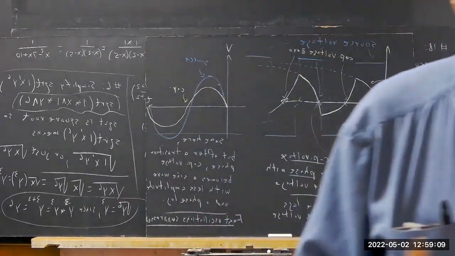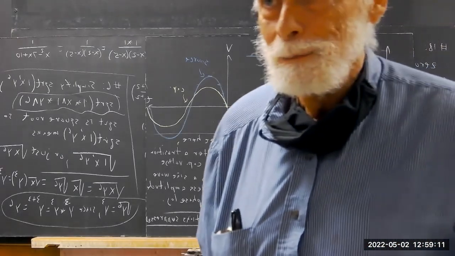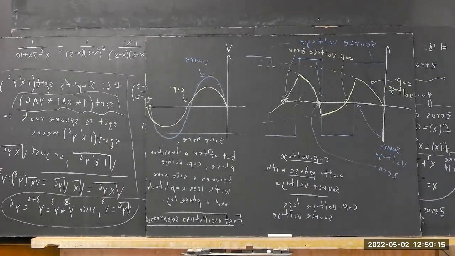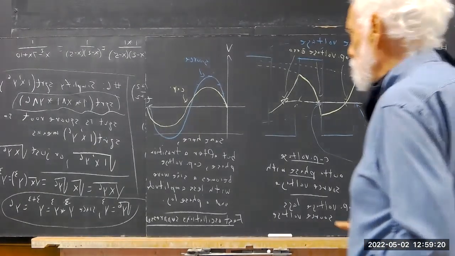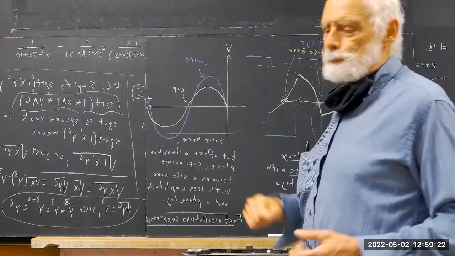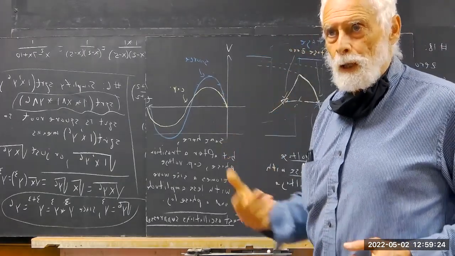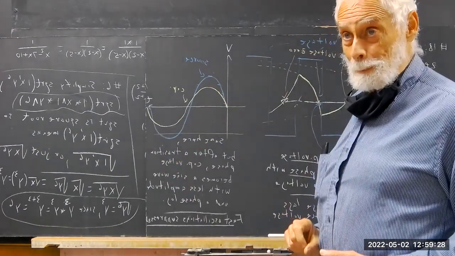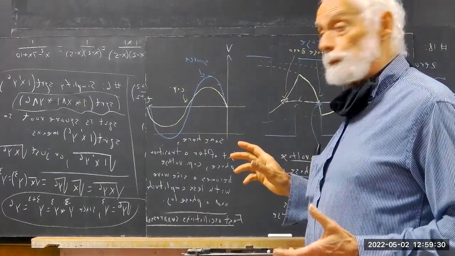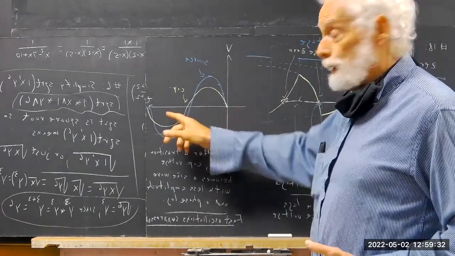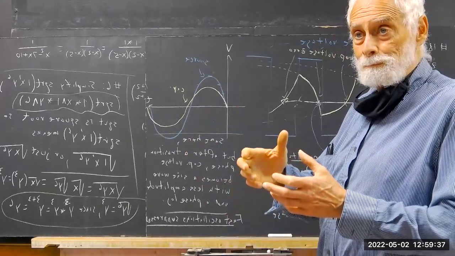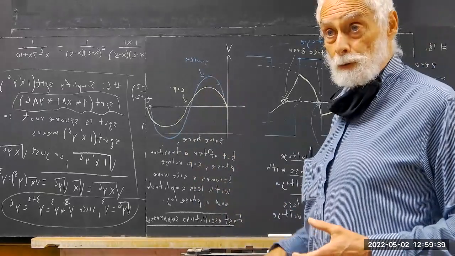Okay, how does the voltage through the inductor compare to the voltage of the source? And it turns out, and let's not get into the details of it right now, but it turns out that the voltage through the inductor precedes the voltage of the source. Okay, so now you could have a circuit where you have a capacitor that tends to delay, but an inductor that tends to precede the voltage of the source.